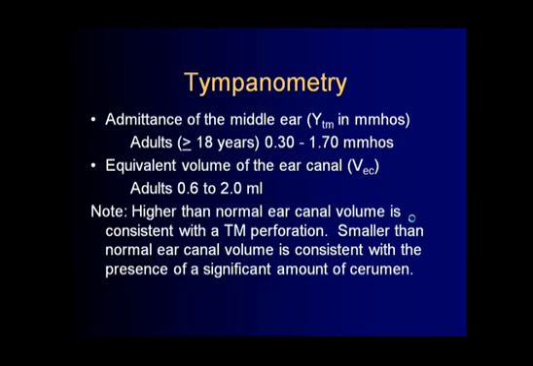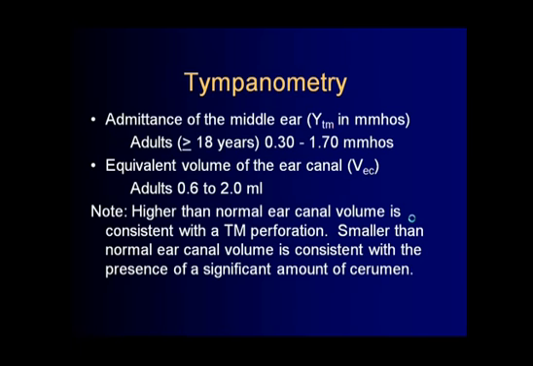So admittance of the middle ear in adults, greater than or equal to 18 years, we would expect to see admittance of 0.3 to 1.7 millimhos at the peak. And then equivalent volume of the ear canal in adults is 0.6 to 2.0 milliliters.